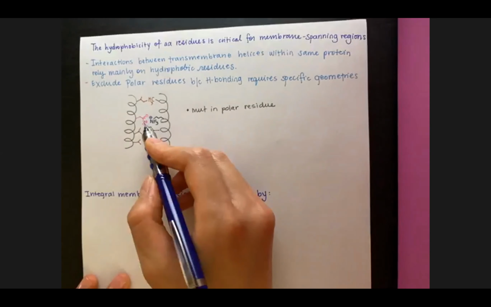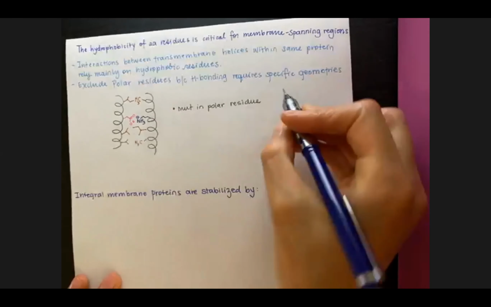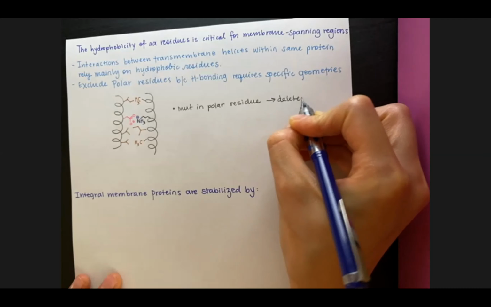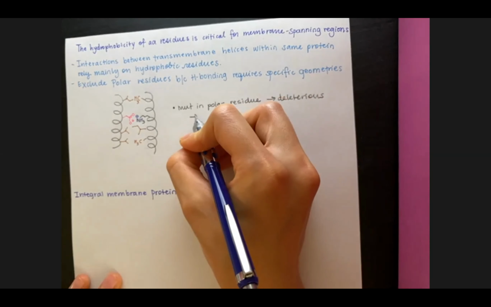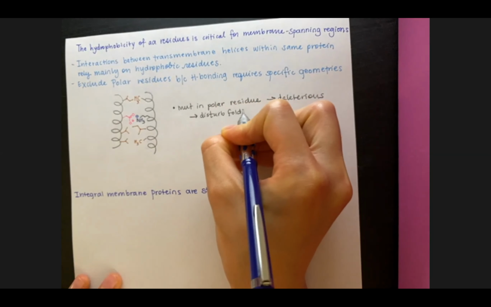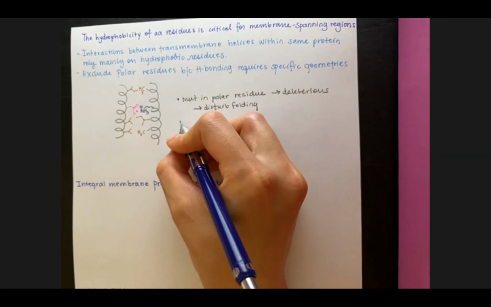Let's say you change this one to a lysine too, it would be electrostatic repulsion, and then your protein is not going to fold as well. And a point mutation in codons for hydrophobic residues often gives another hydrophobic residue. So the protein will still fold in much the same way, and so they're going to be less sensitive to mutation.